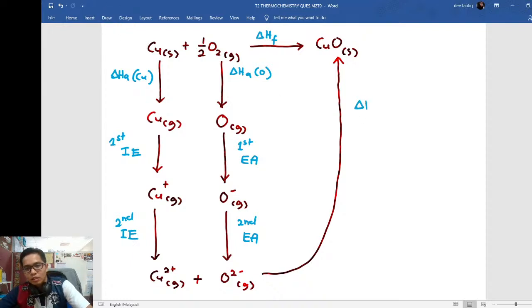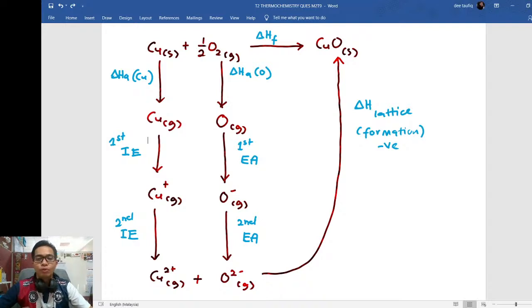So this is delta H lattice. Okay. Since saya from gaseous ion to solid, so saya buat dalam bracket formation. Okay. Remember formation, delta H will always be negative. Yang bawah tu cuma tambahnya lah info.